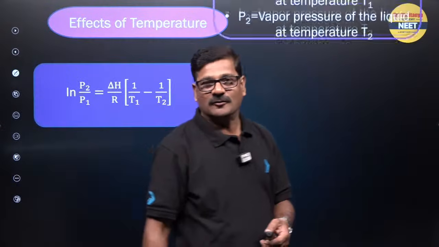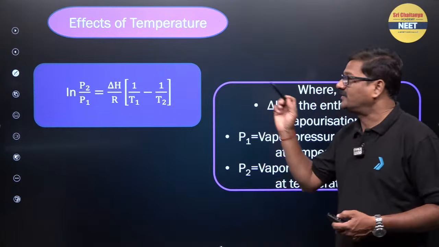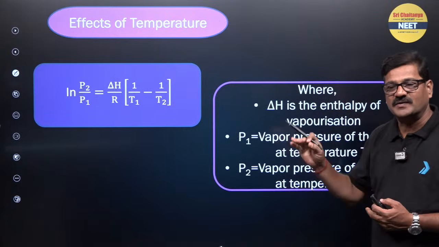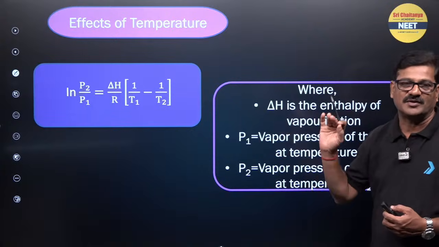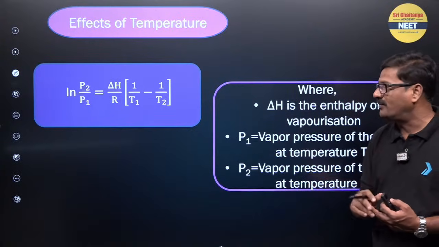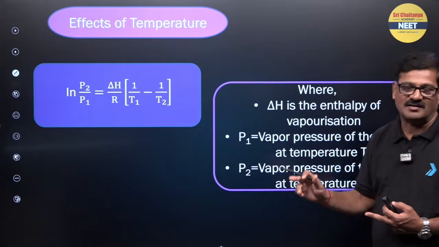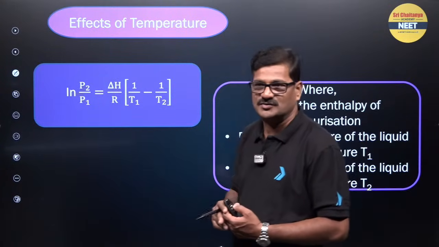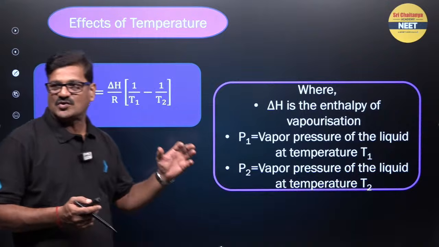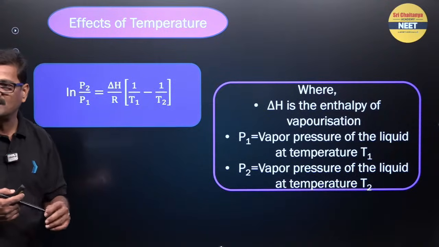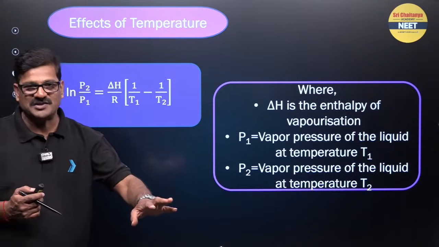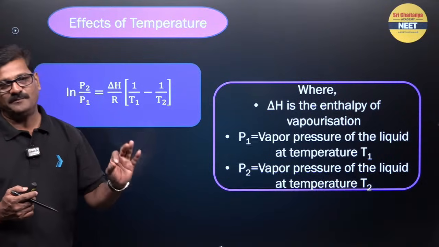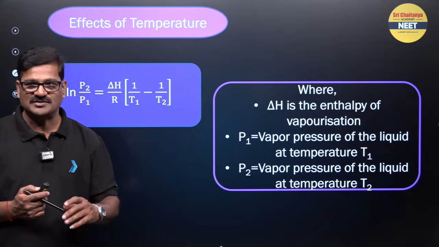Now, moving ahead. The effect of temperature is given by the Clausius-Clapeyron equation: ln(P2/P1) = (ΔH/R)(1/T1 - 1/T2). Here ΔH is the enthalpy of evaporation, P1 is the vapor pressure at temperature T1, and P2 is the vapor pressure at temperature T2.